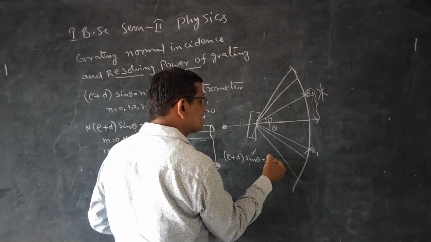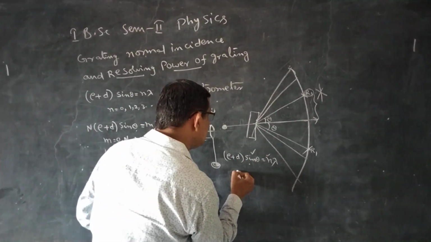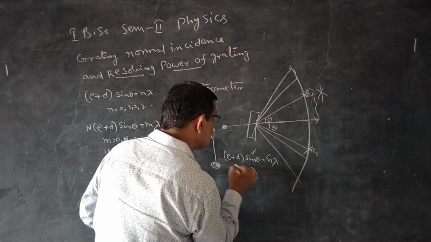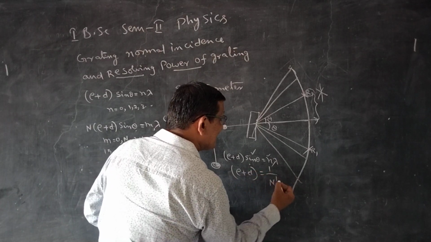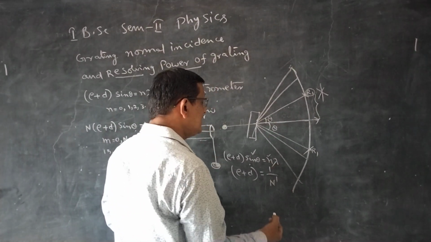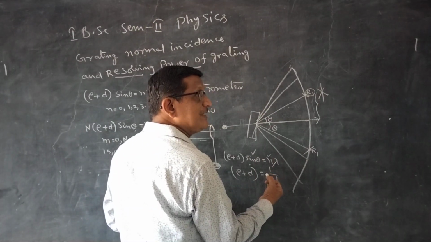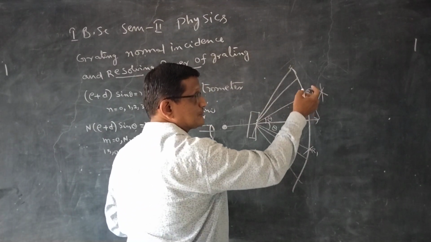For the first order, n is equal to 1. (e + d) is the grating element, where (e + d) is equal to 1 by N dash, and N dash is the number of lines per centimeter. By substituting all these values, we can determine the wavelength of the spectral line.